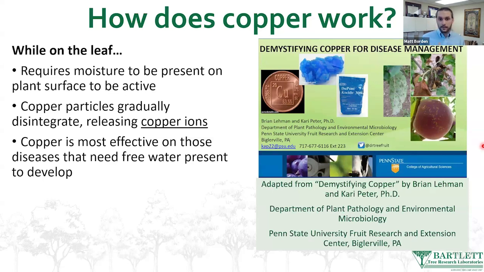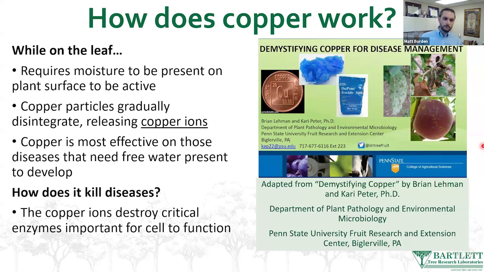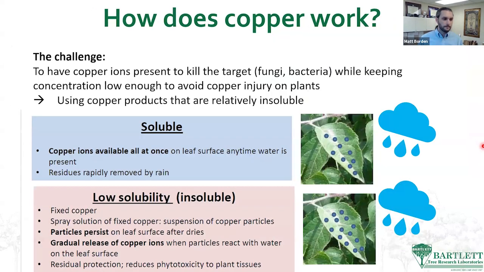The copper products that you spray on the plant are gradually releasing copper ions. It's those copper ions that are working for us to knock out certain fungi and bacteria and such. So again, it's most effective when it's working against diseases that need that free water present to develop. And it essentially kills a lot of these things by messing up critical enzyme functions.